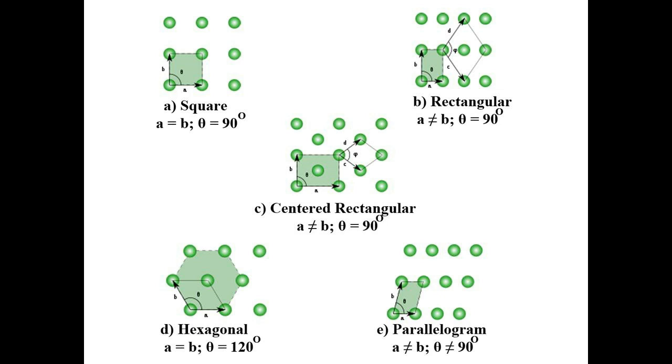C. Centered rectangular: here A bar not equal to B bar and theta equals 90 degrees, and also one constituent point is present in the middle of the rectangle. D. Hexagonal: here A bar equals B bar and theta equals 120 degrees. E. Parallelogram: here A bar not equal to B bar and theta not equal to 90 degrees.